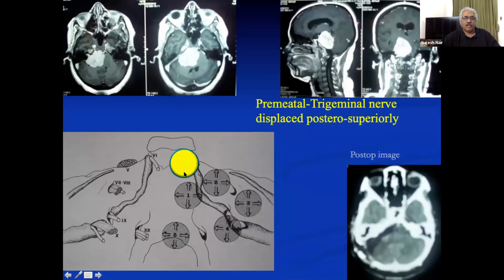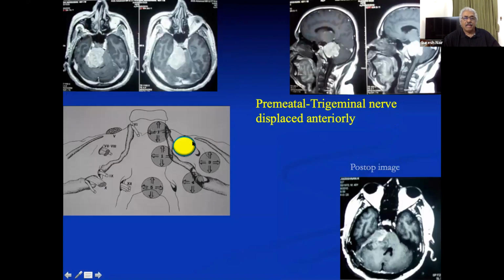So this is what I was telling, true petroclival meningioma. If your meningioma arises from here, it will displace all the cranial nerves posteriorly. 5th, 7th, lower cranial nerves, everything is displaced posteriorly. And if this meningioma arises in the premeatal area, it will displace the 5th nerve anteriorly.